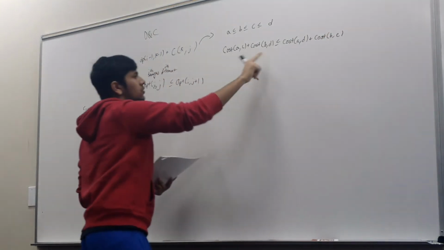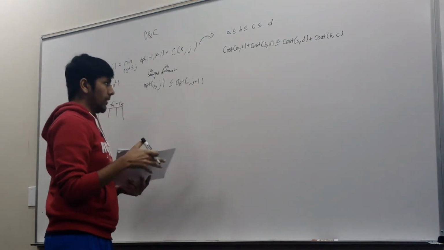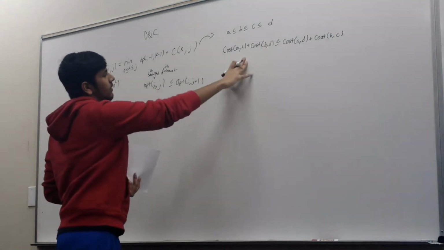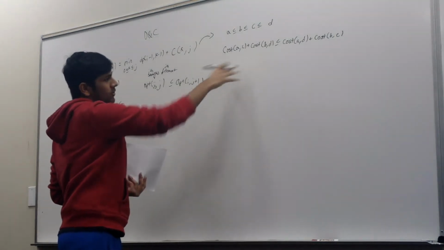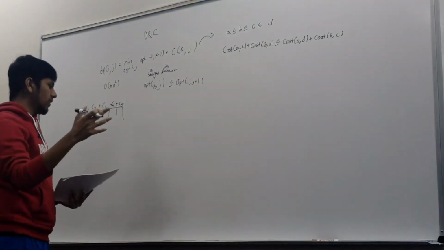If this is true, then we satisfy the quadrangle inequality. And it's called the Monge condition because this condition defines something called a Monge array, or a Monge matrix.